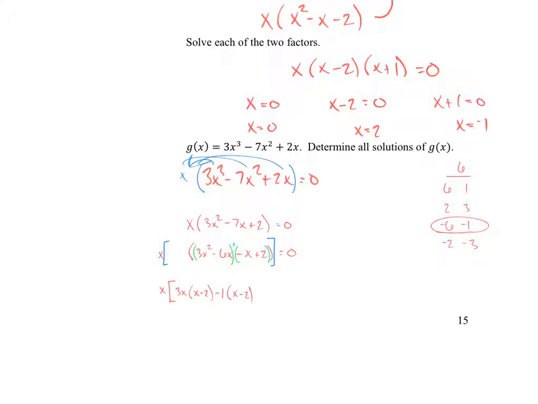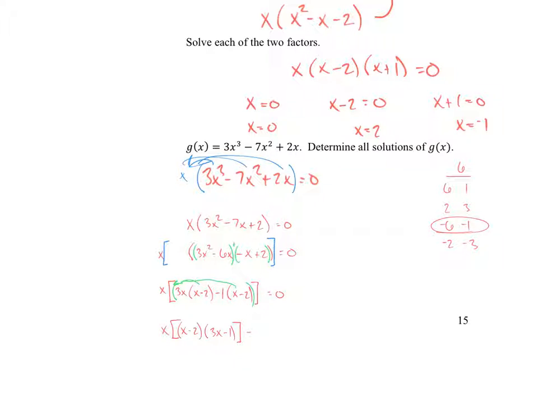Remember, my GCF here is negative 1 because I want this to say x minus 2, not negative x plus 2. And this should be something that we're pretty fluent with at this point. Inside the parentheses, now I'm going to group this whole thing, and I'm going to factor out my x minus 2's. So that's going to leave me with x times x minus 2 times 3x minus 1.